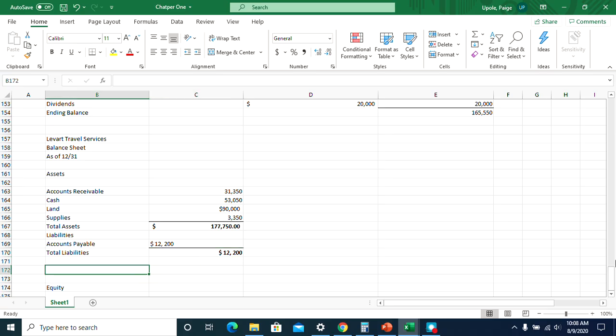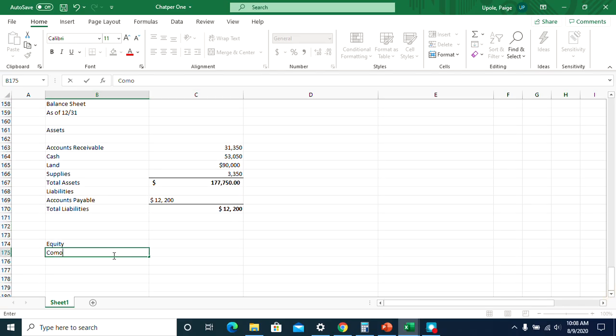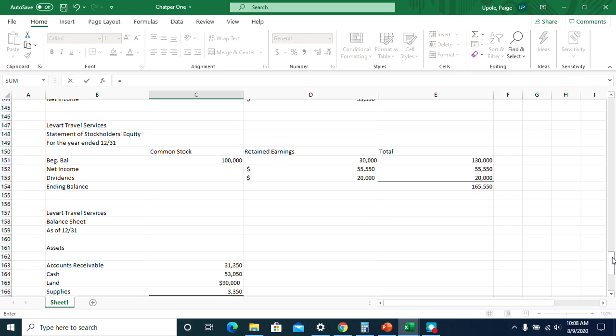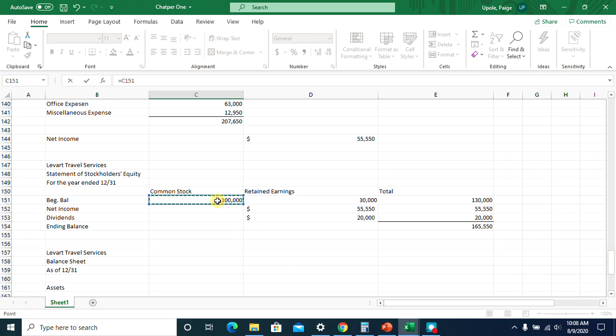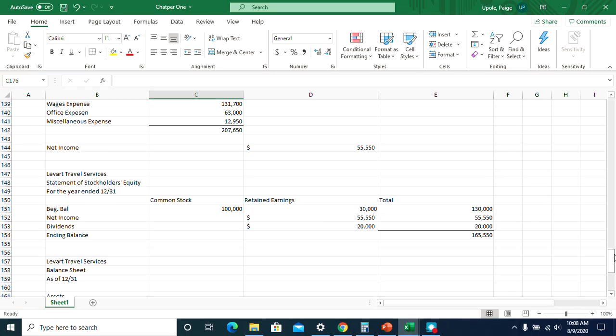And then I have my equity next. And remember, equity comes in two forms: common stock and retained earnings. I get my common stock number from up here, right? Total common stock, 100. And total retained earnings. Let me summarize that column.